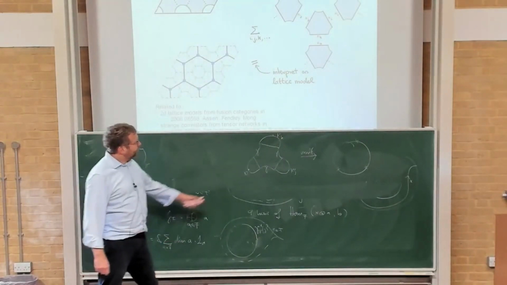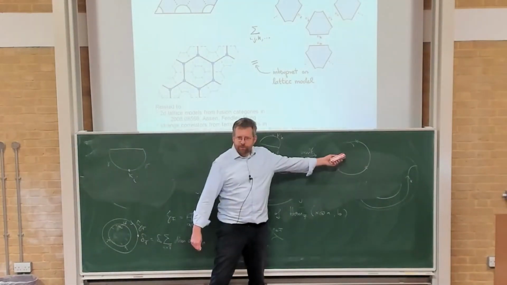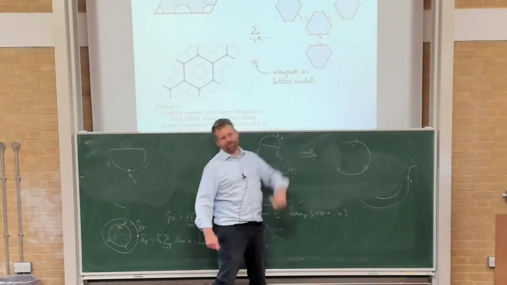Well, no, you can do this with 15 insertions, and you get a disk with 15 insertions, and it's just a pain because it's not fixed by conformal invariance anymore.